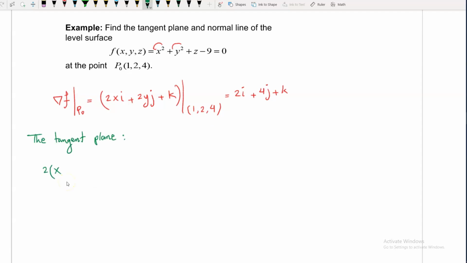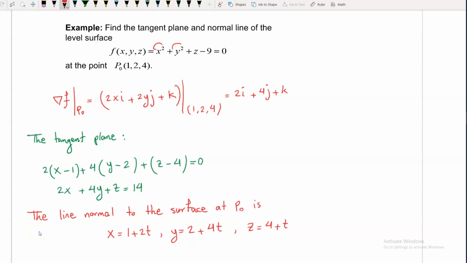So the tangent plane is therefore the plane 2 times x minus x naught, which is 1, plus 4 times y minus y naught, it is 2, plus 1 times z minus z naught, it is 4, equal to 0. So simplify, here we have 2x plus 4y plus z equal to 14.